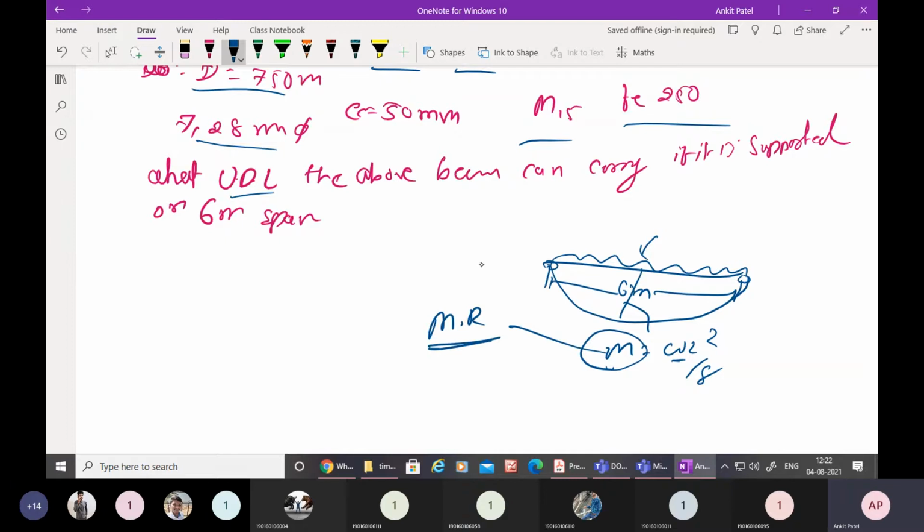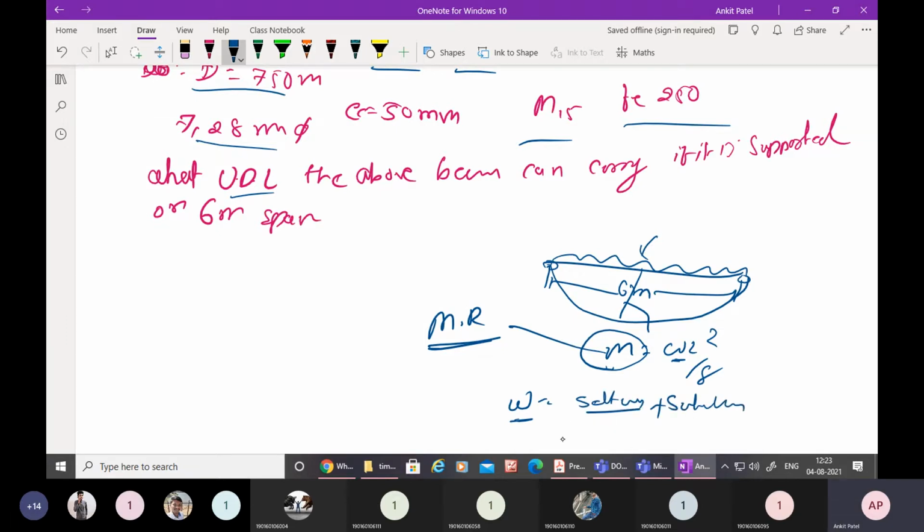So after getting the moment of resistance, you can easily calculate the value of W, and then W is nothing but the factored load that can be resisted by this beam. After getting this overall W, you need to modify it, as it is nothing but self weight plus safe load.